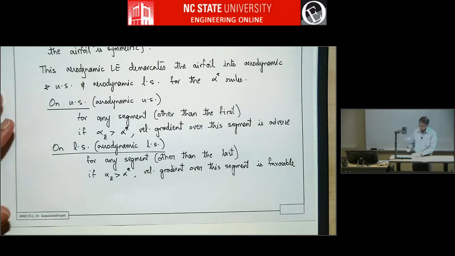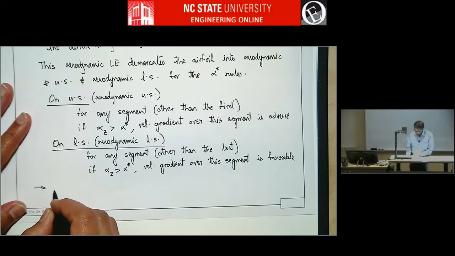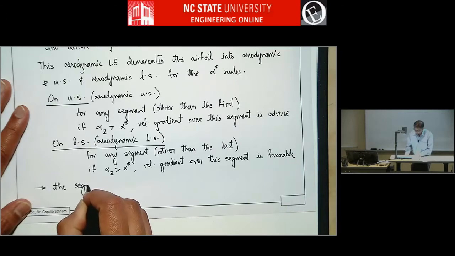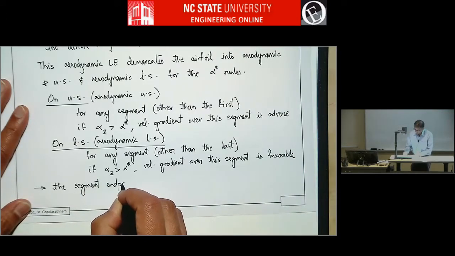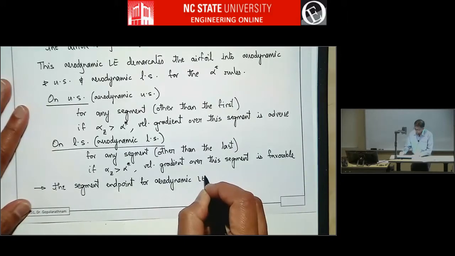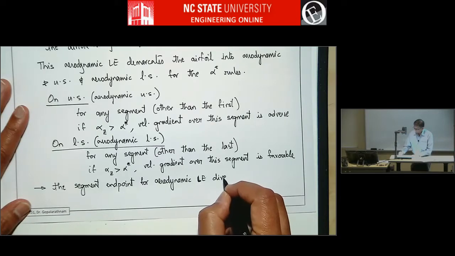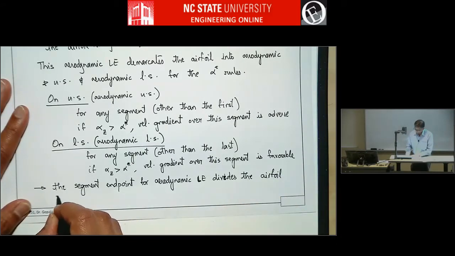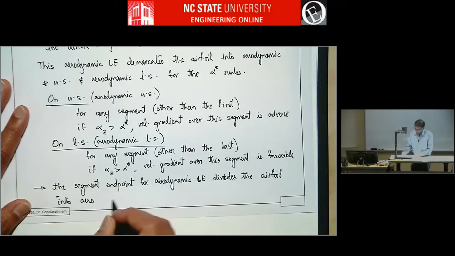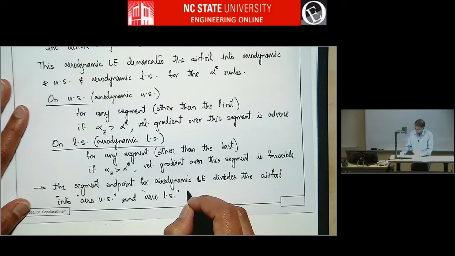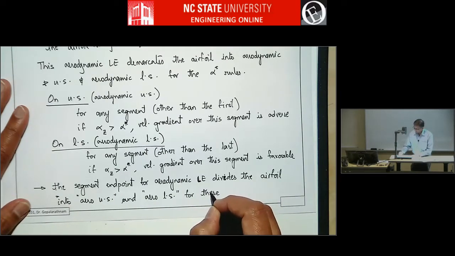So the keyword for the segment endpoint that divides the airfoil into aerodynamic upper surface and aerodynamic lower surface for this rule switch, let's say.